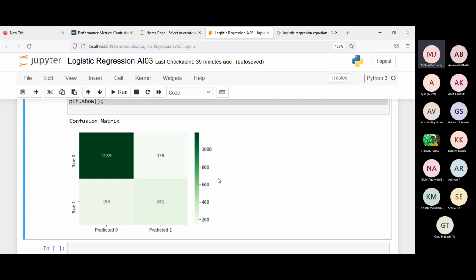Ganesh, are you able to get this? So can you send the file? I lost track somewhere in between. Can you please send this file? Okay, Aditya is sending you, okay?